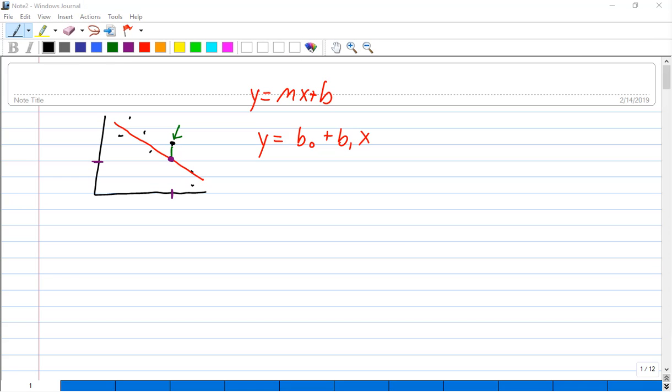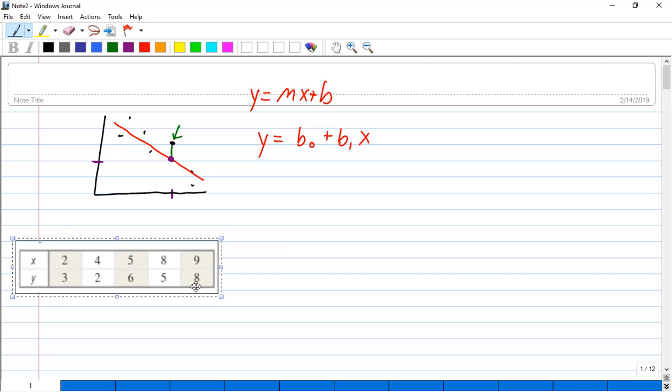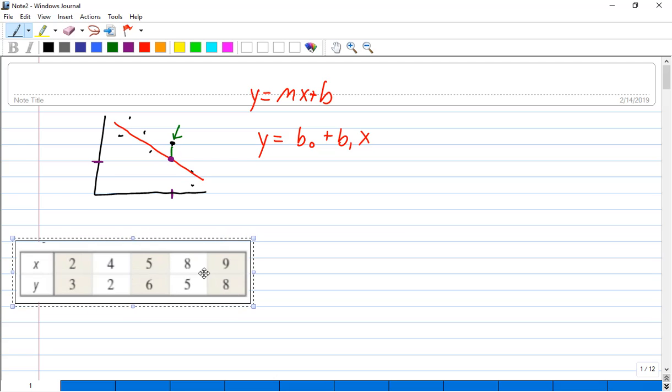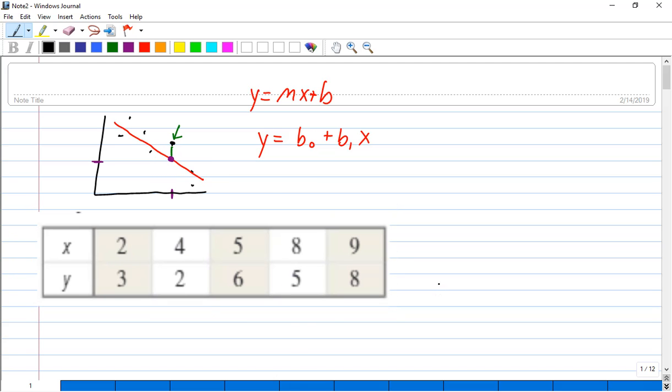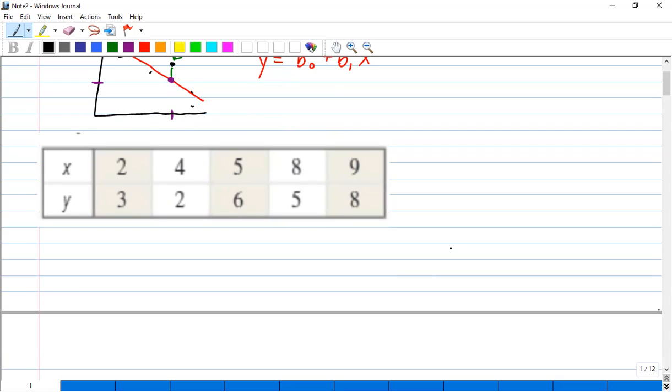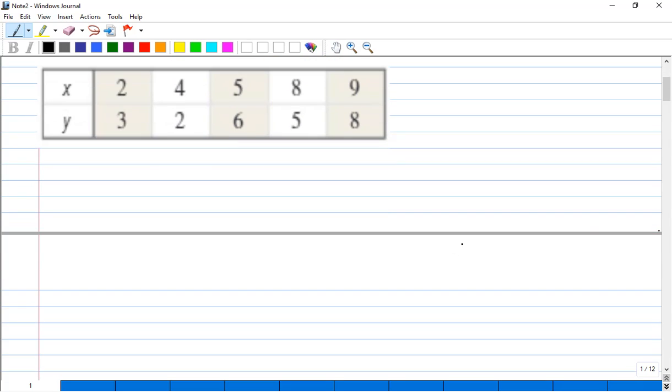And of course, this is a pretty small data set we're looking at. Just like anything else that we do, the larger the data set, the more calculations are going to be. Alright, whenever we start figuring out these lines. Alright, so if we have this data set, again, that is in your PowerPoint. And let's say that we were to graph that data set on a scatter plot.